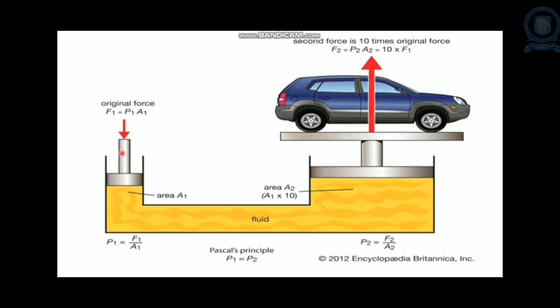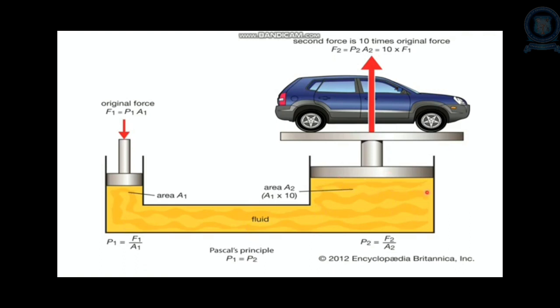If you apply some force on the small cylinder through a piston, a pressure will be created at the bottom of the piston. That pressure will be available in all the particles of the fluid.